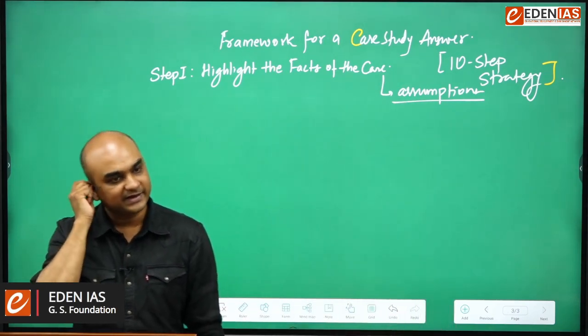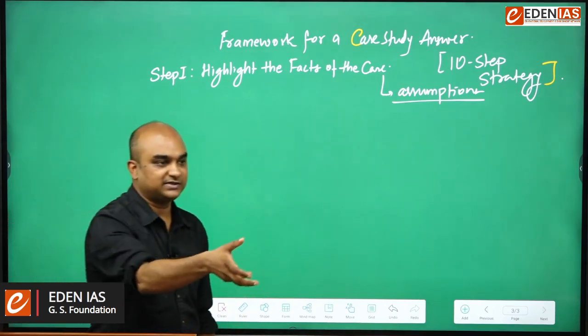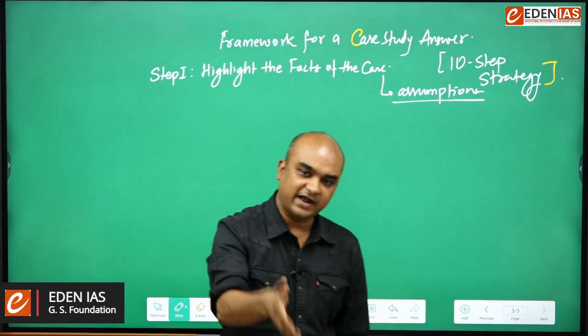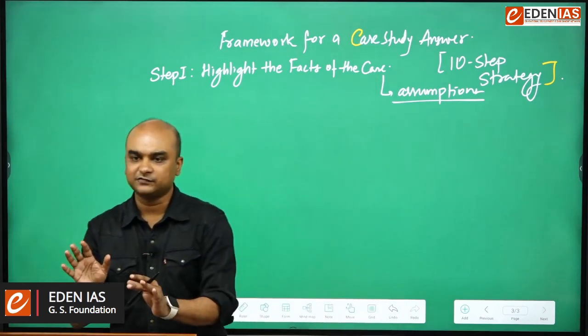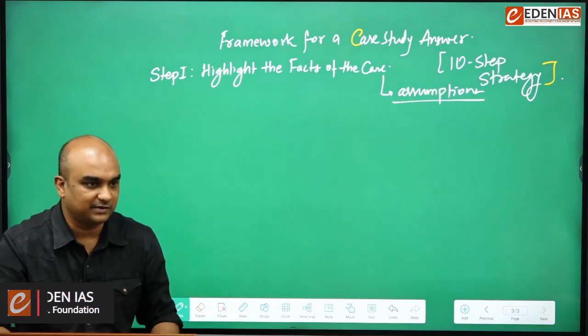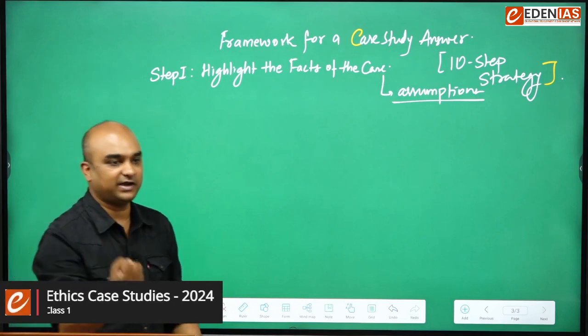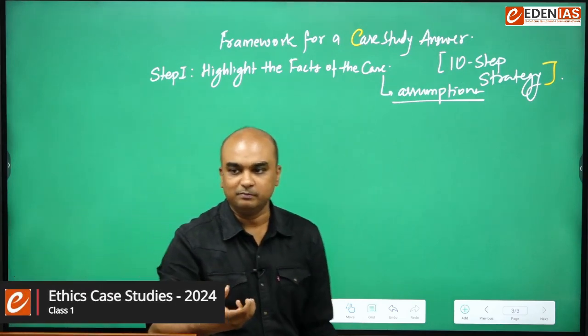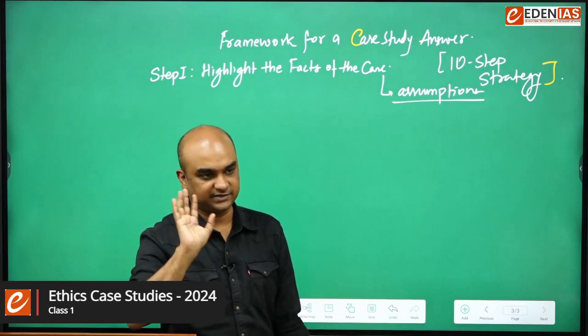And in order to be rational, they have to be objective in nature. In order to be objective, they have to be based on the facts of the case. Like, say, for example, we can assume that an IAS officer will have certain discretionary powers. So it's a fair assumption. But if you do not have the facts at your hand, then you will not be able to make such kind of intelligent and fact-based assumption.